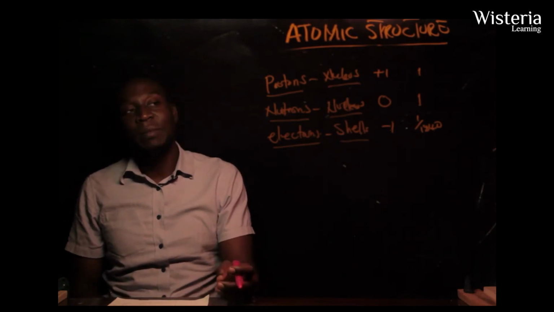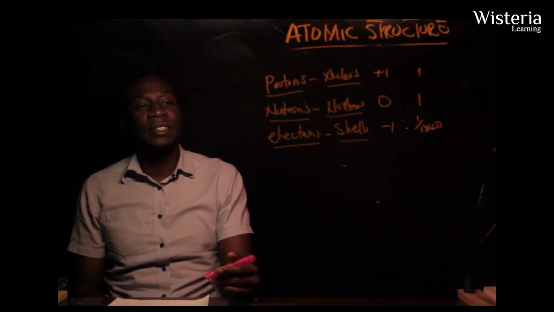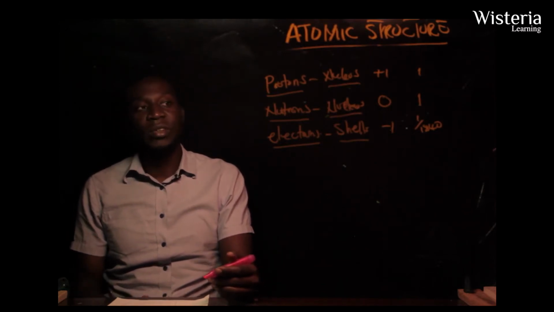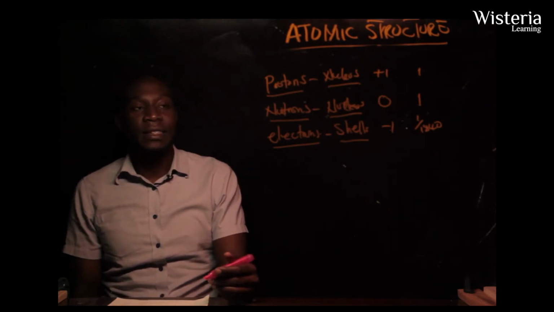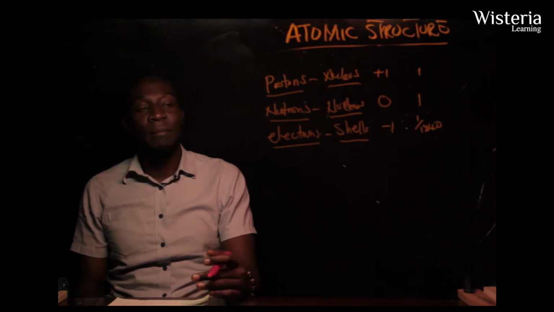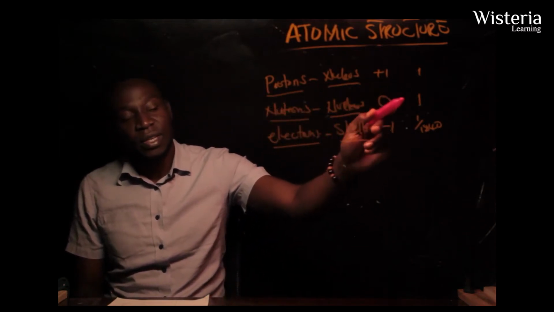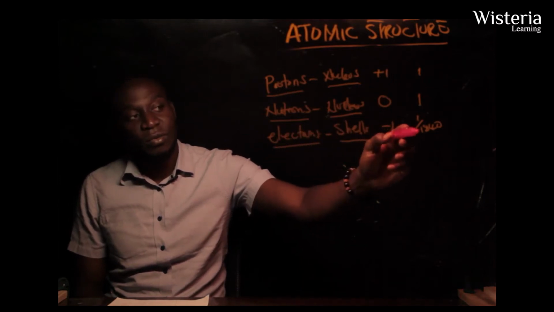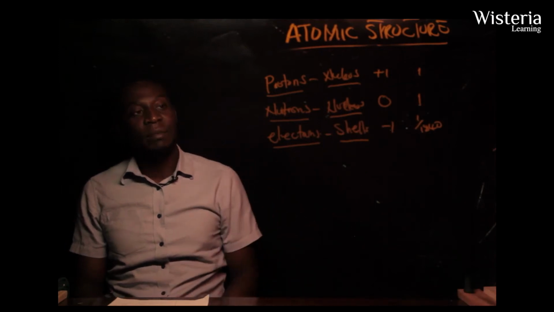Then each of these subatomic particles has a charge. Protons have a positive charge. Neutrons are neutral, they don't have a charge. Electrons have a negative charge. And again, these subatomic particles have masses. Protons have a mass of 1, neutrons a mass of 1, and electrons a mass of 1 over 1840. Meaning that this is a very, very small number and the mass is negligible.